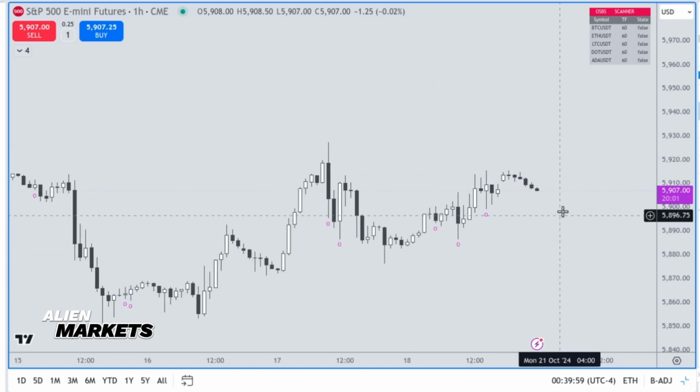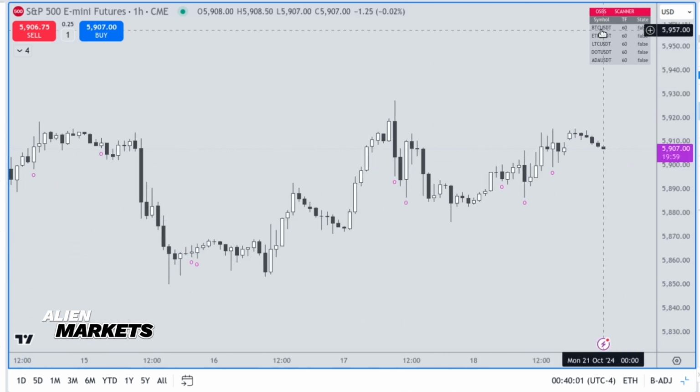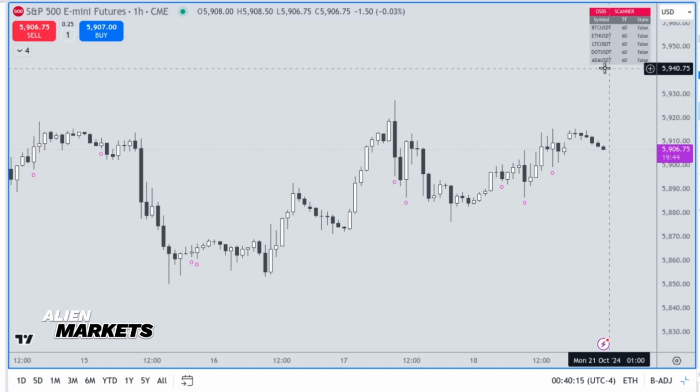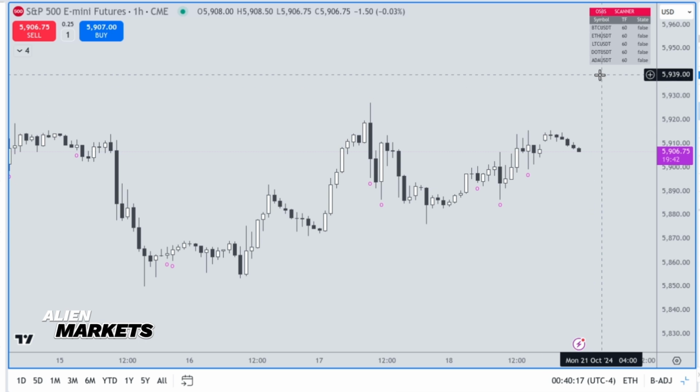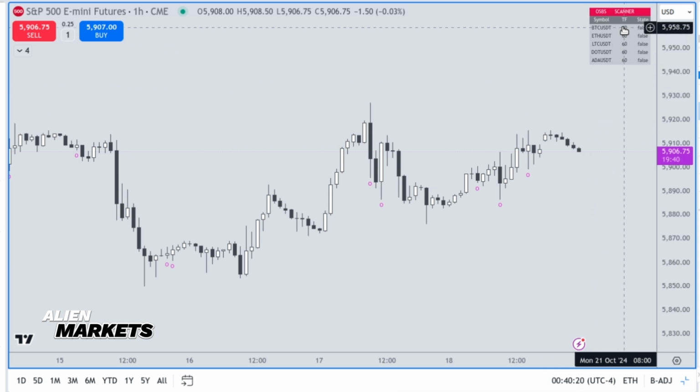Well, I developed this indicator that you have 6 assets you can follow and trace if an outside bar is happening in one of them.